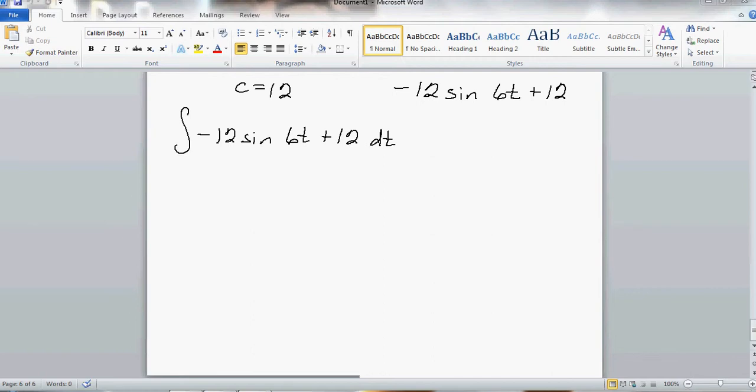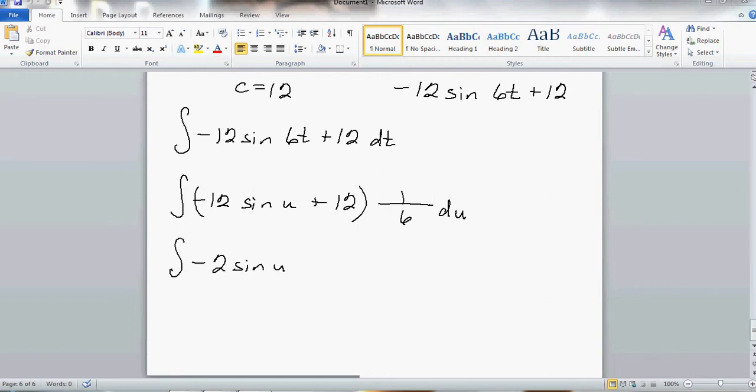So what that will become is negative 12 sine of u plus 12 times, let's see, 1/6 du. So the 1/6 will make this a negative 2 sine u plus 2 du.